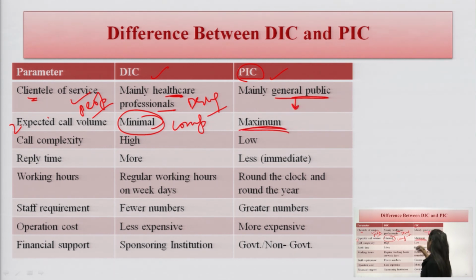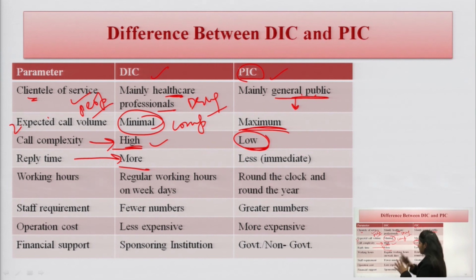Call complexity is high for the DIC, because they are professionals and will ask only when actually required in the case of complex therapies. For the PIC, they are laymen, the general public, so of course the call complexity is low. Reply time is more in the DIC because we have to evaluate more data, whereas for the Poison Information Center, poisons are affecting the patient and can lead to death. So time should be less and the reply should be immediate.